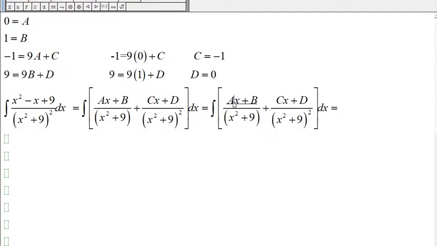So here we have a is 0, b is 1, c is negative 1, and d is 0.